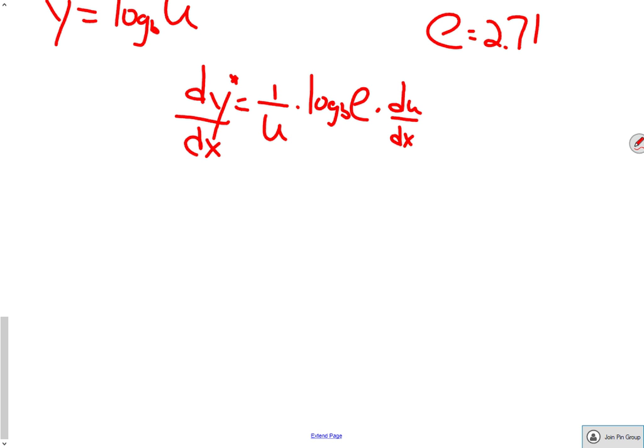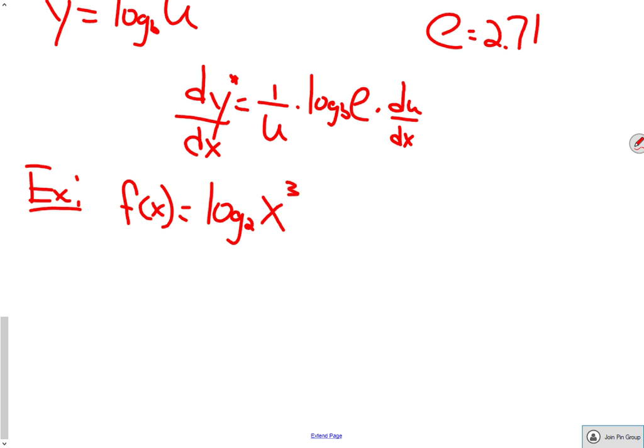So what this looks like, let's do an example. Let's go, f of x equals log base 2 of x cubed.